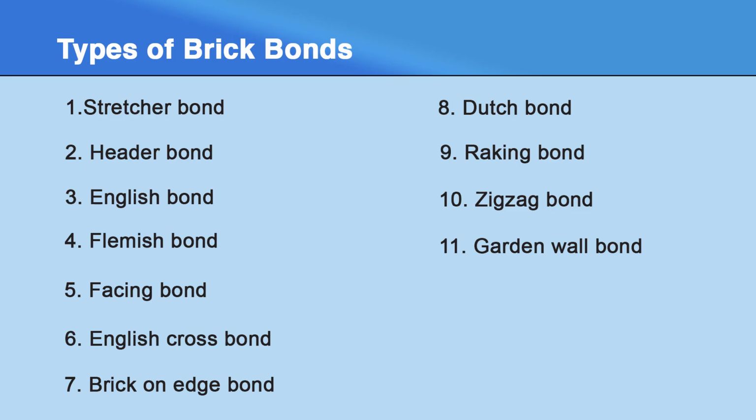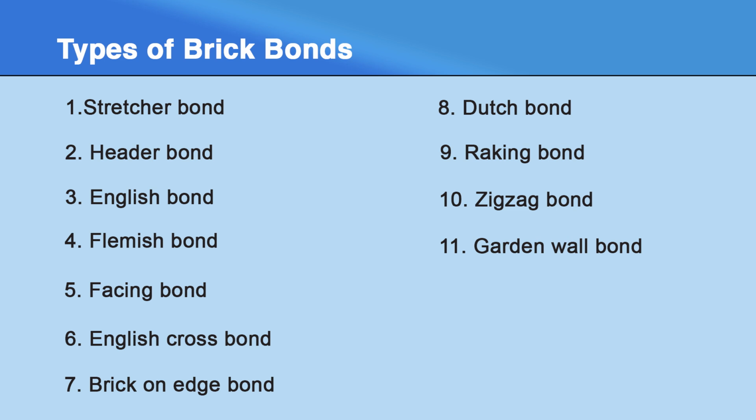The various types of brick bonds are used in masonry work, each with its unique characteristics and application. So, based on the characteristic and the application, we select the particular type of brick bond.